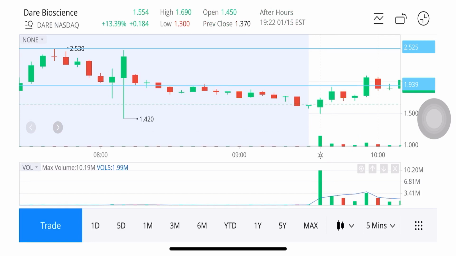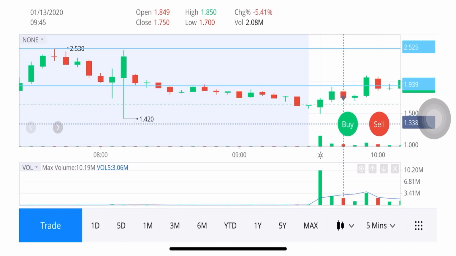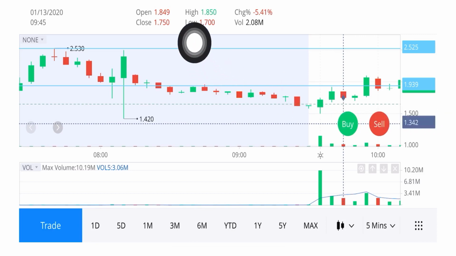You could trail your stop loss at that point, and decide to either get stopped out, or if you really wanted to, you could have held over here. If you entered at 170, it would have come back to that price. So I don't like that.